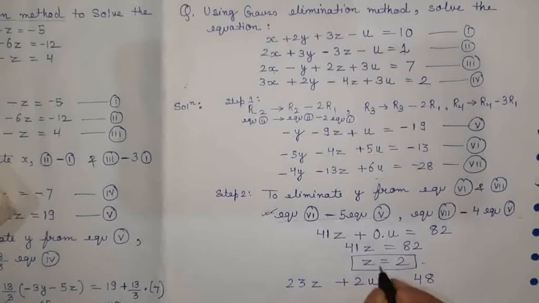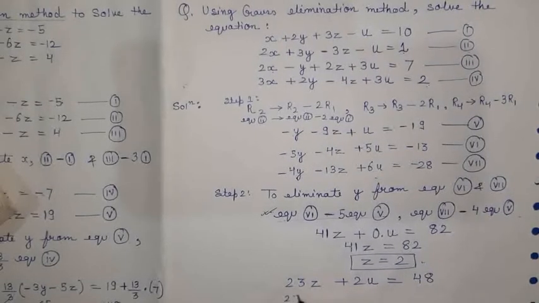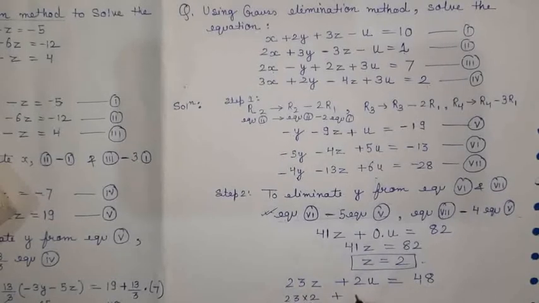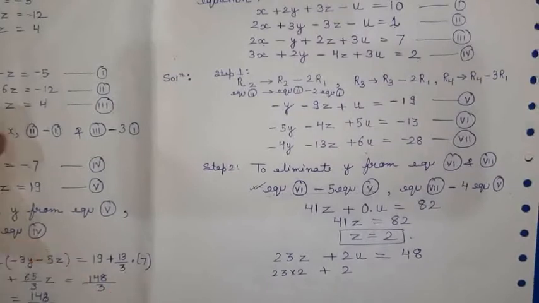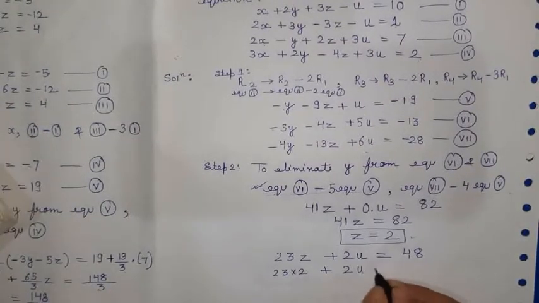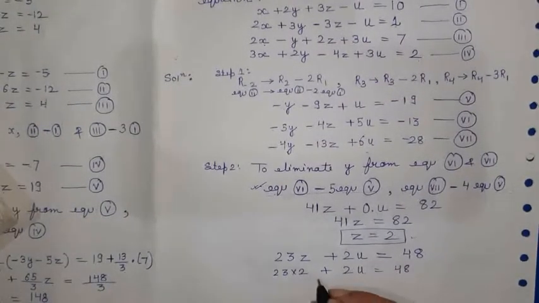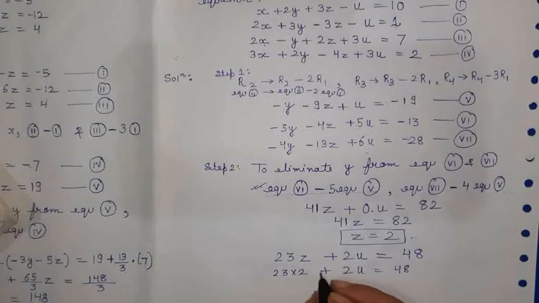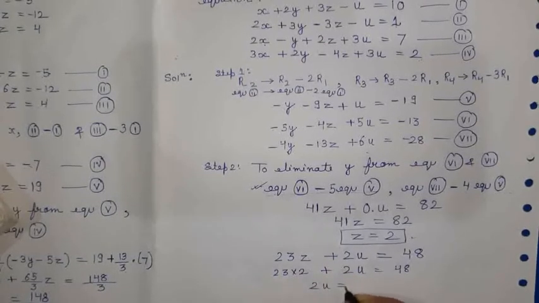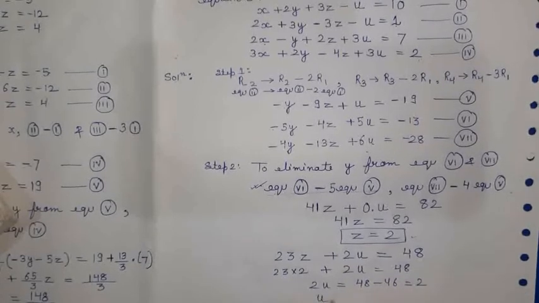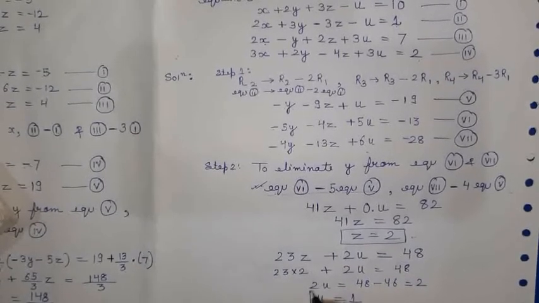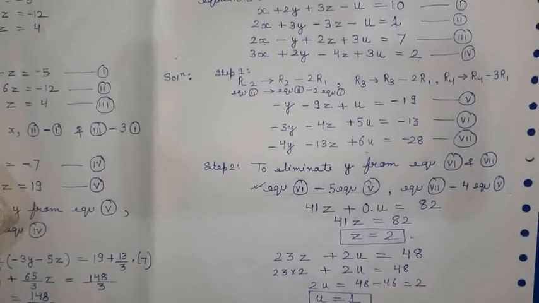And we have got the value of z as 2. So 23 into 2 plus 2u equal to 48. If you calculate this, 2u equal to 48 minus 46, which is 2. So u equal to 1.